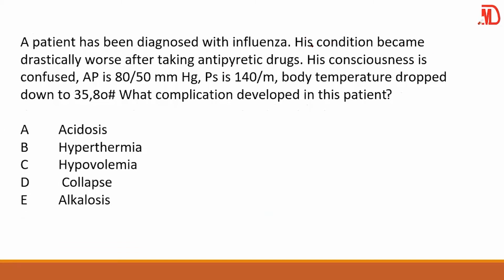A patient has been diagnosed with influenza, that's an upper respiratory infection. His condition became drastically worse after taking an antipyretic. And you see, viruses usually are not controlled by bacteria, isn't it? But the person took antipyretic medications, maybe paracetamol or something. It became worse after taking this.